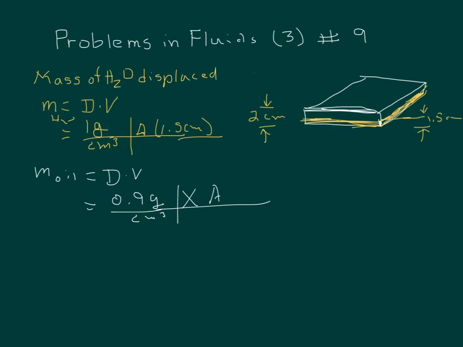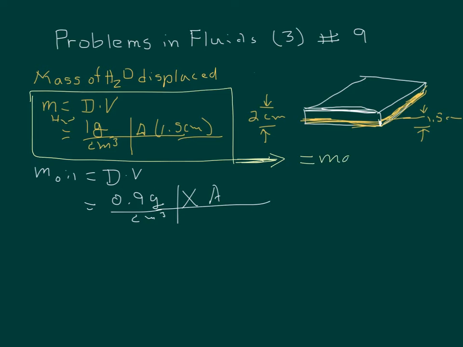Now, think about what Archimedes' principle says. If this is the mass of the water displaced, and the block is floating, this must equal the mass of the block. Otherwise, the block would go sailing off into space.